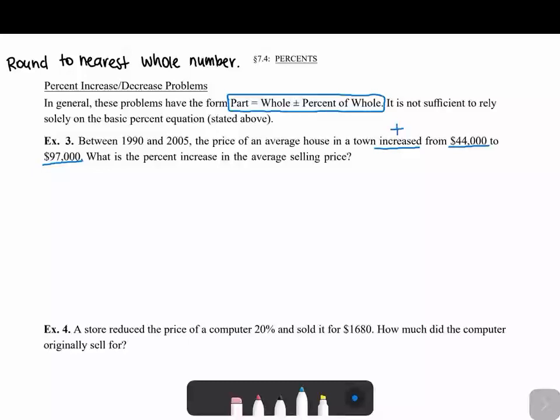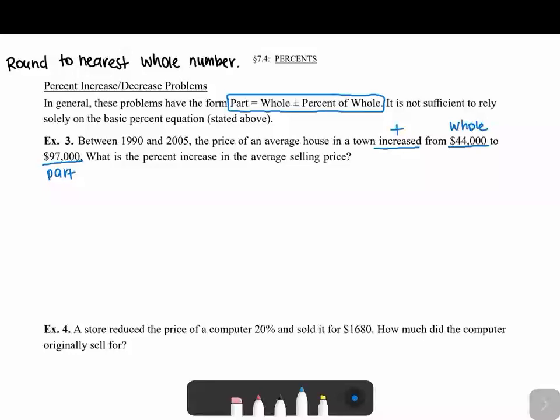In these, we're going to have an increase or a decrease, and then we're going to have a part and a whole. Our whole is always going to be our starting value. So the value 44,000 corresponds with the year 1990, and our part is always going to be more like the current value, what it is later in time or currently.